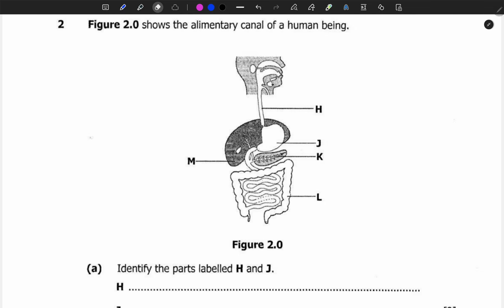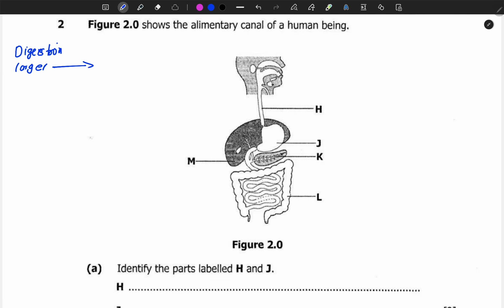Okay, so we have another question. Figure 2.0 shows the alimentary canal of a human being. So here is a digestive system. Digestion looks at the breaking down of larger molecules of food.